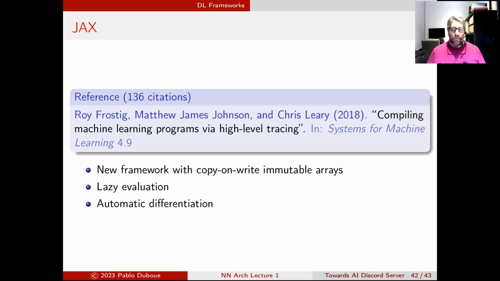So you do all these changes that produce conceptually new copies of the data, but that copy doesn't materialize until needed. And this is called lazy evaluation, and it's also heavily based on automatic differentiation.